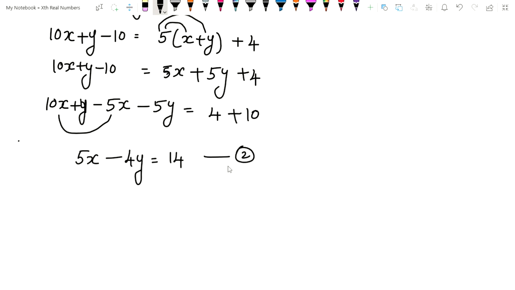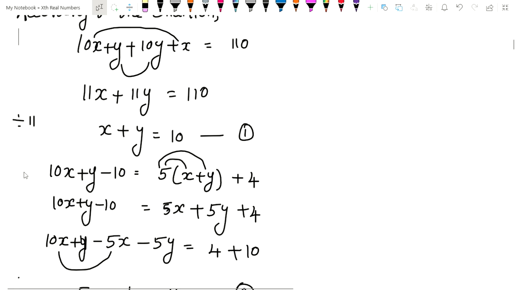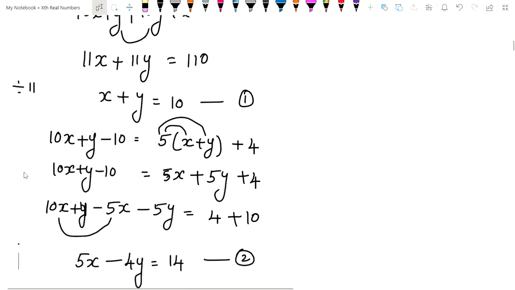Now I am going to solve the equations by elimination method. Okay. See here, what is the first equation? x plus y equals 10. The second equation, 5x minus 4y equals 14. Okay. So I am going to eliminate the y variable, because here the signs are different. So when I multiply this, while adding the equations, I can easily eliminate the y variable.